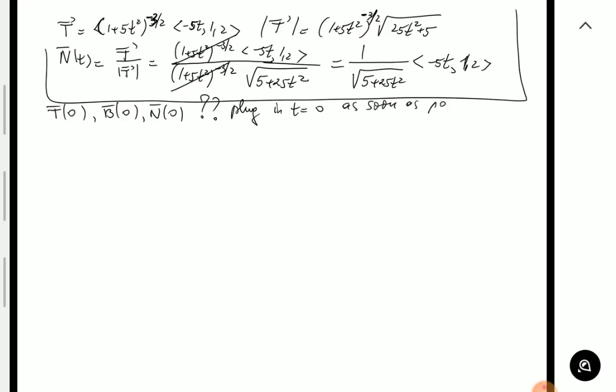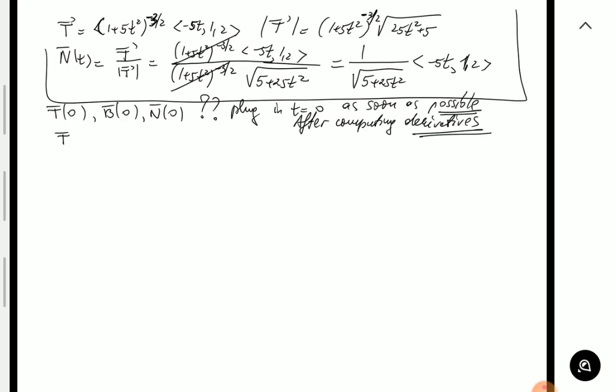Now obviously you need to do that after computing the derivatives, after all the derivatives that need to be computed are computed. So in this case, for example, the binormal, we don't need to do it in terms of t.